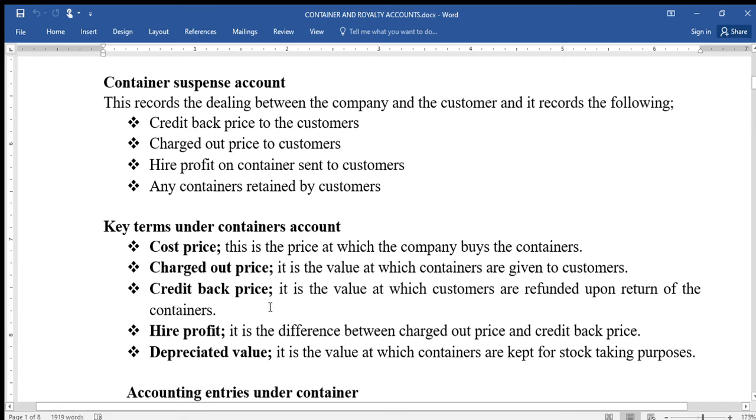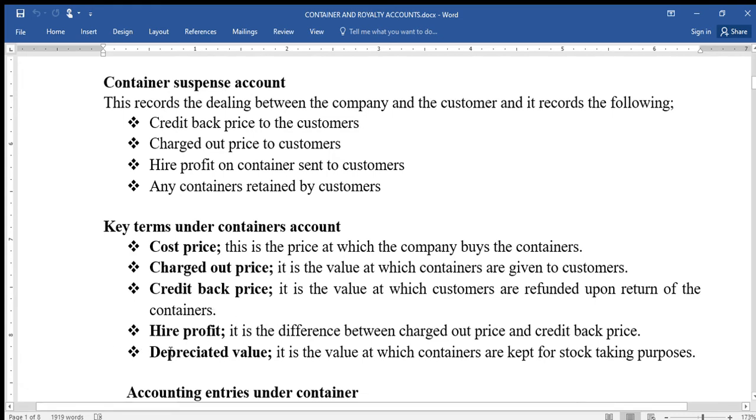Credit back price is the value at which customers are refunded upon the return of the containers. So when you take back that glass bottle, they won't give you exactly 500. They'll give you like 400, and that 400 is the credit back price.